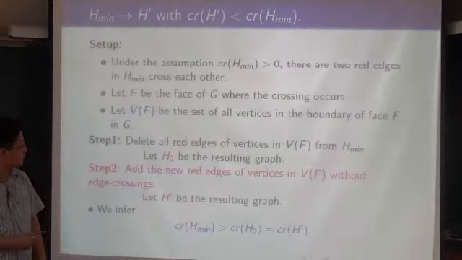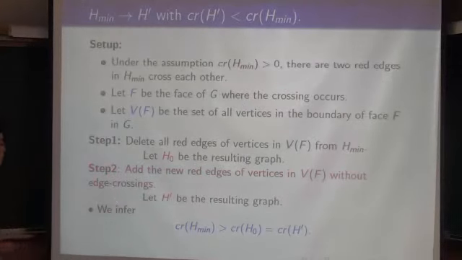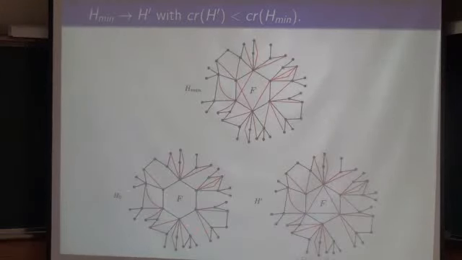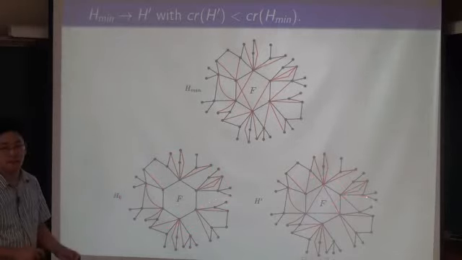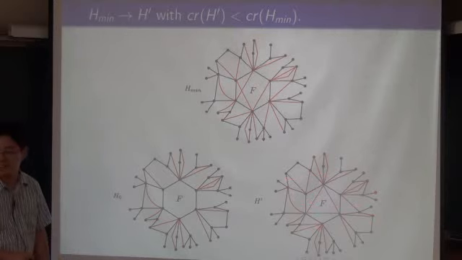And then step 2, we add the new red edges of vertices in V_F without edge crossings. Let H prime be the resulting graph. So from H_0, somehow we will add the red edges of the vertices on the boundary of F without edge crossing, right?